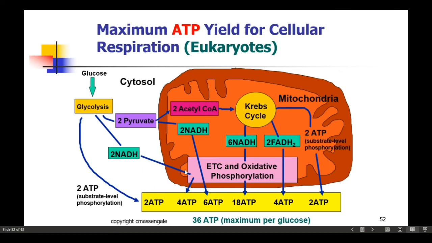Therefore, instead of putting 6 here, we can only put 4 ATP molecules. It's because it needs 2 ATP molecules in order for these 2 NADH molecules to enter the mitochondrion for the electron transport chain.